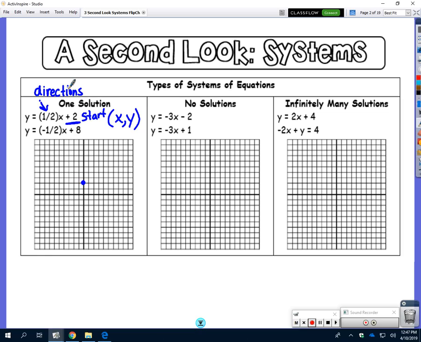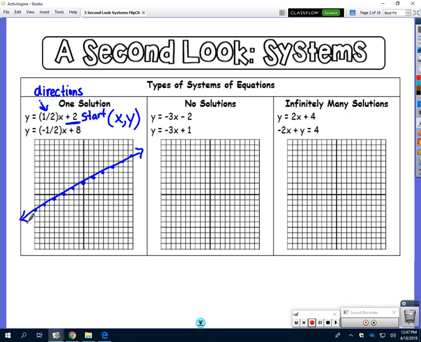So from your starting point of 2, this says go up 1 and to the right 2 and continue the pattern. You can also go down 1 and to the left 2 to continue the pattern on the other side. Then draw your line.